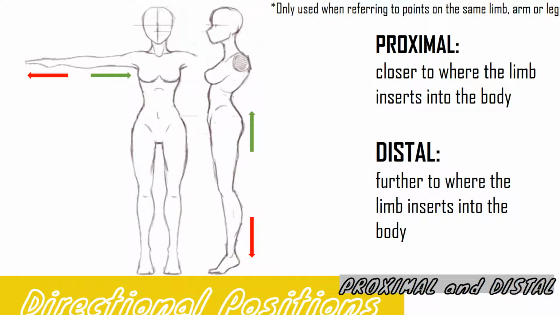So, for example, if I wanted to describe blue X to red X, I would say blue X is more proximal to red X. Likewise, you can say that the elbow is more proximal to the wrist, or the wrist is more distal to the elbow. It's just trying to describe how far it is away from the body.